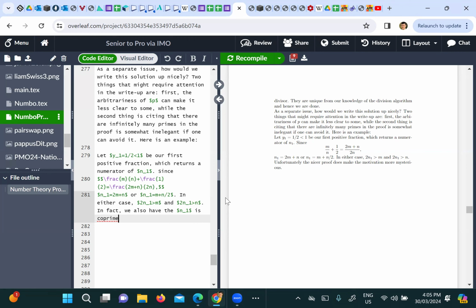So n1 is co-prime to n. It's actually co-prime to m as well. Is that obvious?